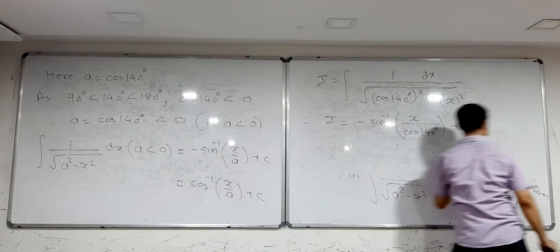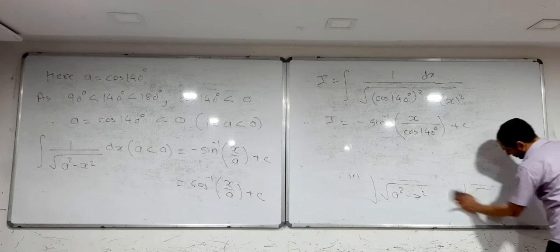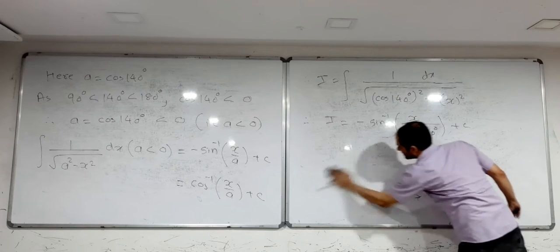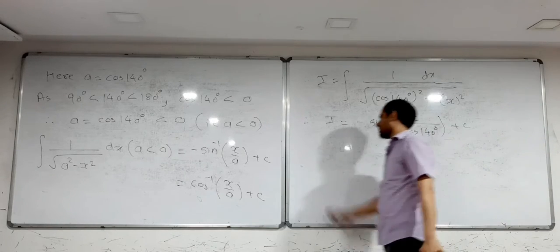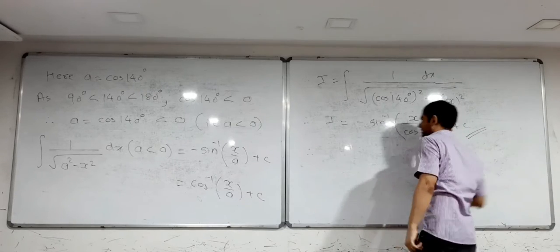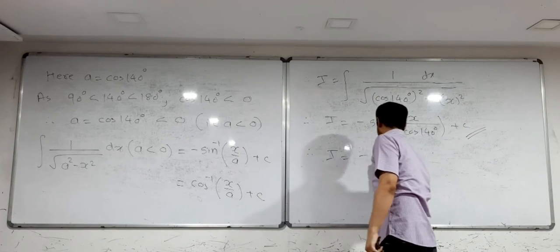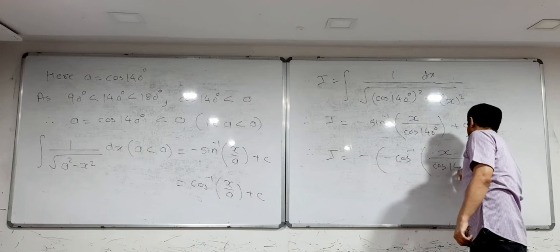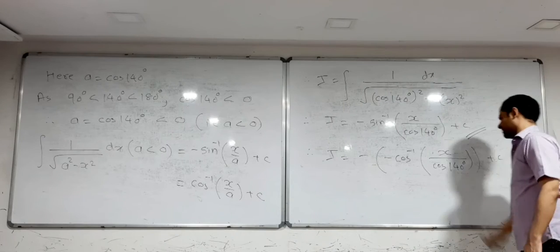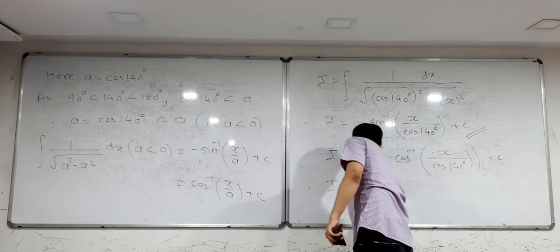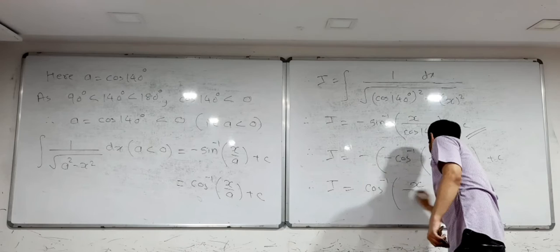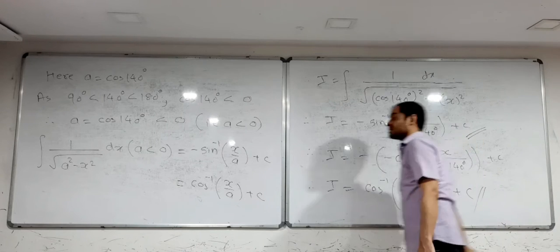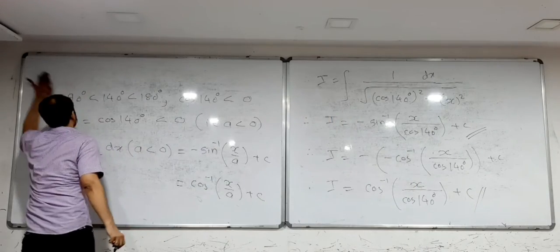And what is sin inverse x plus cos inverse x? Pi by 2. So in place of sin inverse, if you put minus cos inverse, then minus minus becomes plus. So the answer can be, for a one mark question, minus cos inverse x upon cos of 140 degree plus c. The second answer is cos inverse of x upon cos of 140 degree plus c. These two answers are possible. Clear?